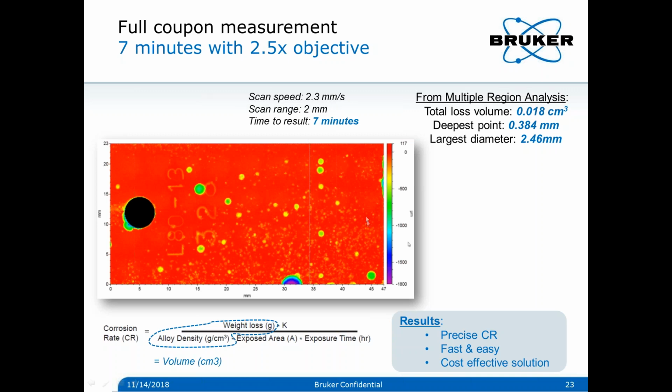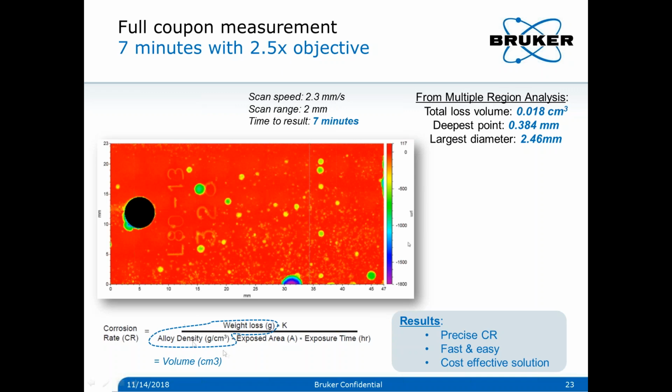And then from automatic analysis, we can work out the total volume of all those cavities, which is around 0.018 cubic centimeters. We can automatically get the deepest point, which is 0.4 millimeters, as well as the largest diameters. So all the critical elements will be sorted out after 7 minutes, basically.